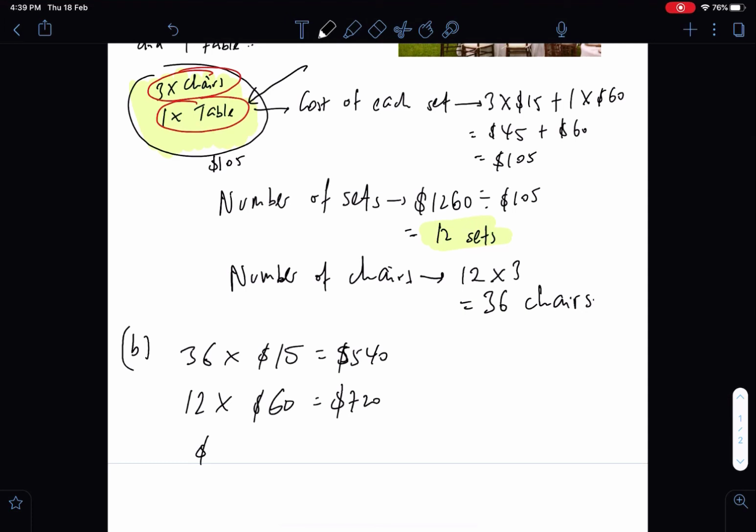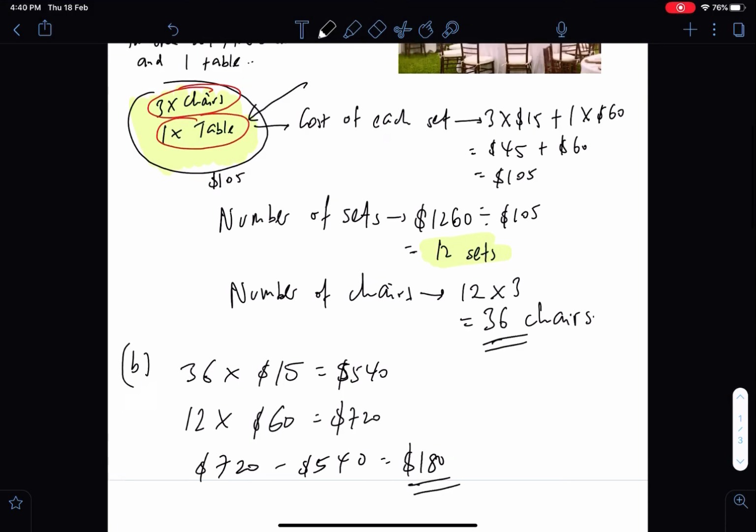Then we can find the difference. 720 minus 540 is $180. This is our final answer for part B. Part A answer is 36, part B is 180.